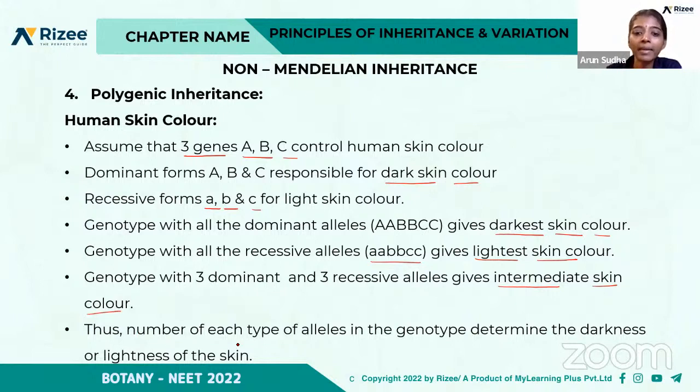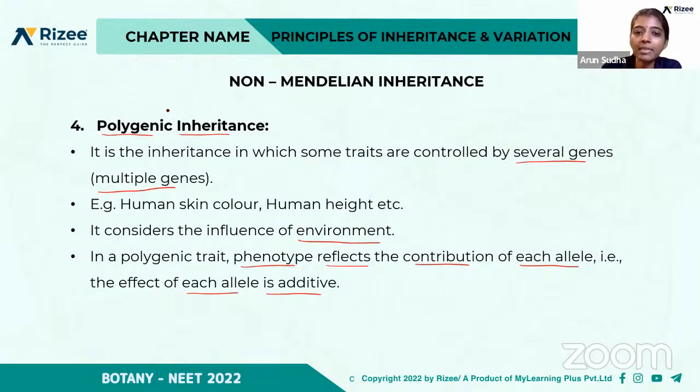The number of each type of allele in the genotype determines the darkness or lightness of the skin. So this is called polygenic inheritance. What do you mean by polygenic inheritance? It is the inheritance in which the trait is controlled by several genes, or multiple genes are responsible for the inheritance.